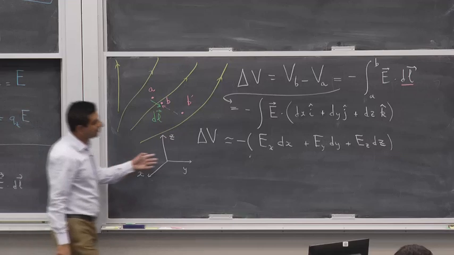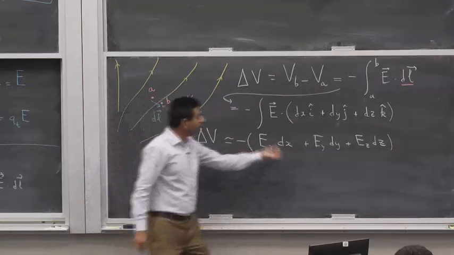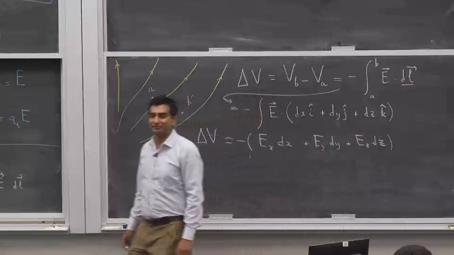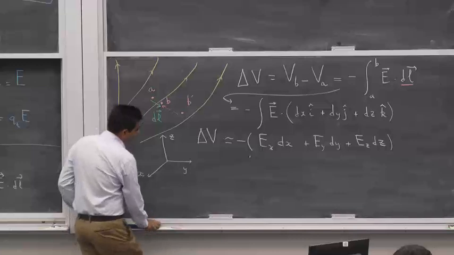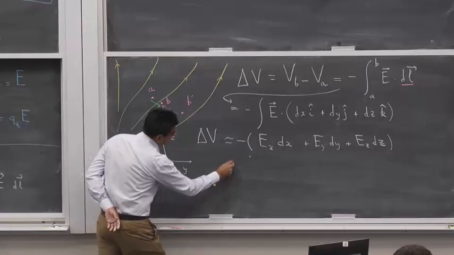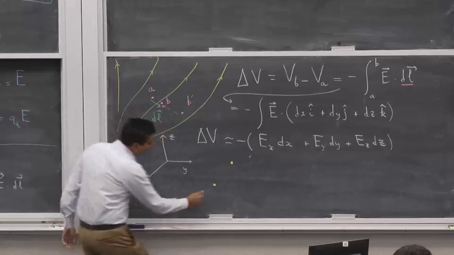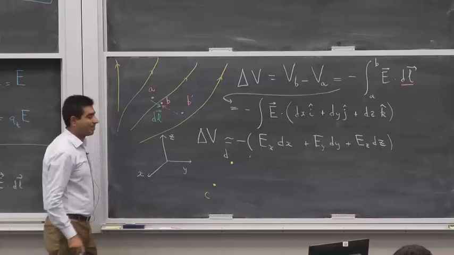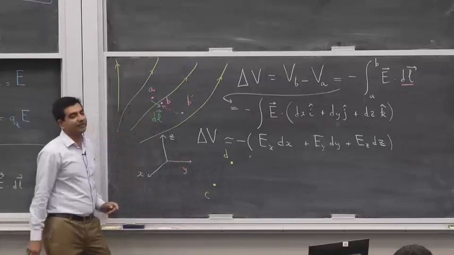Now look at this expression. When you are going from A to B, x is varying, y is varying, and z is varying. Now if I take two points and I would like to go from point C to point D, and this is the y-axis and this is the z-axis.